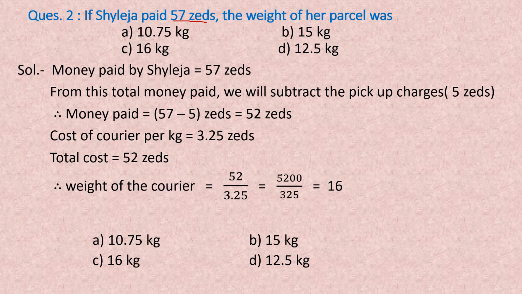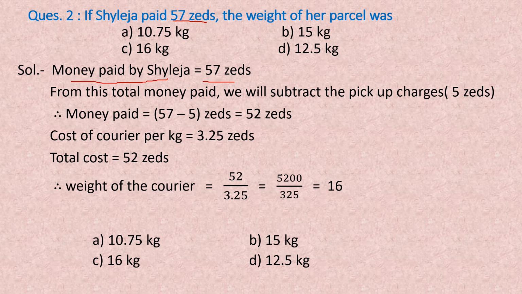In the first question, it was written that charges are 3.25 Zs per kilogram, right? And a pickup service charge of 5 Zs. So here it is written total money paid by Shalja is 57 Zs. To courier a parcel, Shalja paid total 57 Zs.